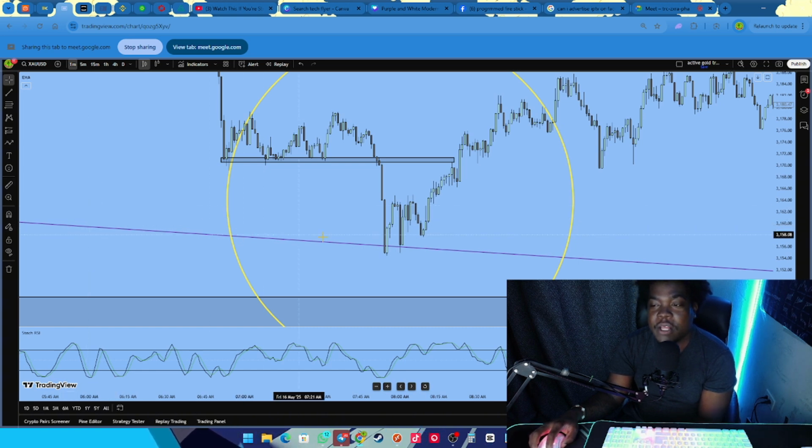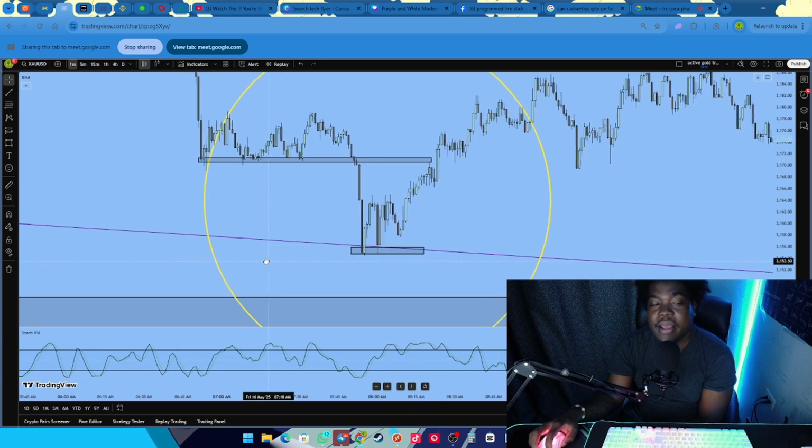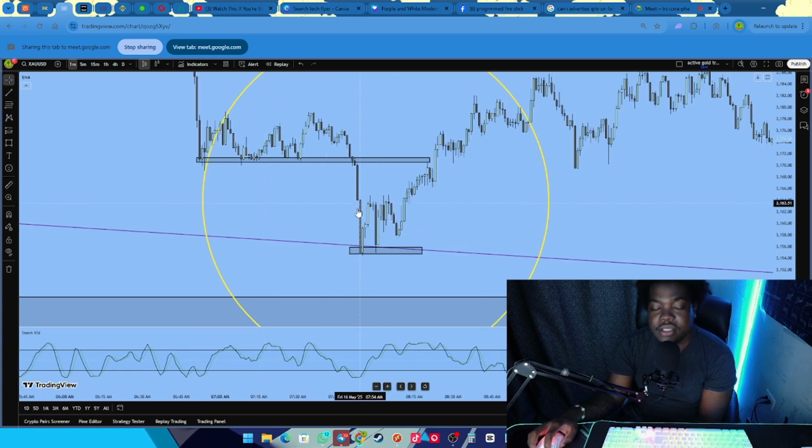It would break the zone. However, the market did not break the zone. So it pulled back and came right back here and didn't break the zone. Ooh. Why didn't it break the zone? Because this is a key level, a major area, and there are buyers at this area.